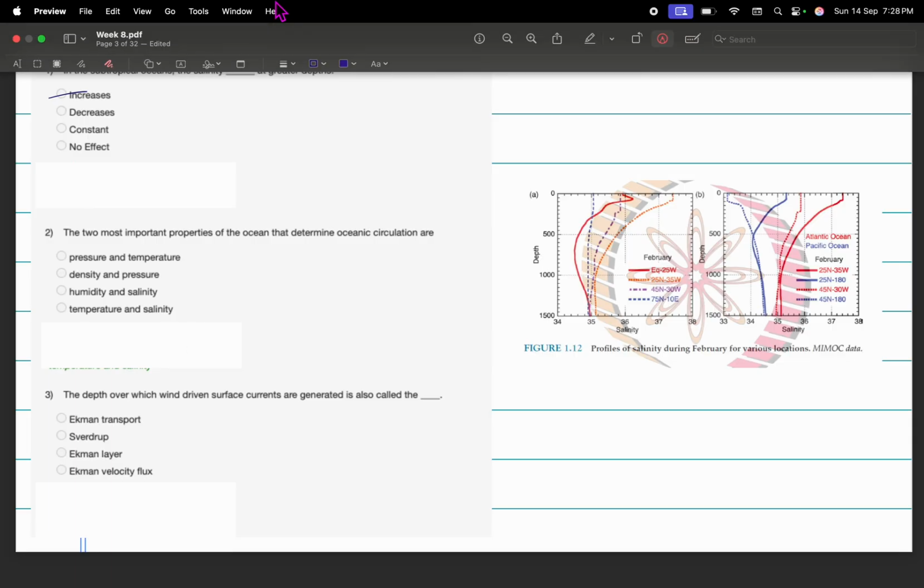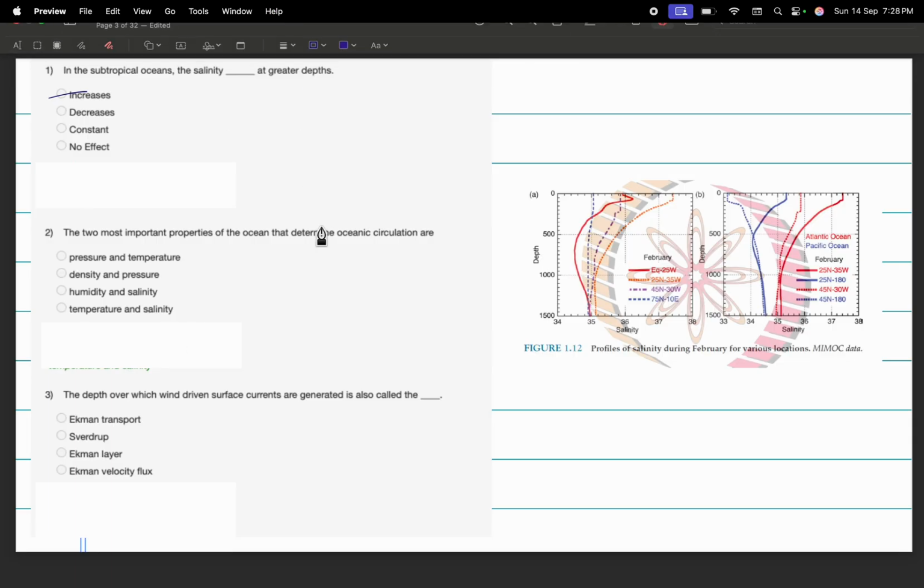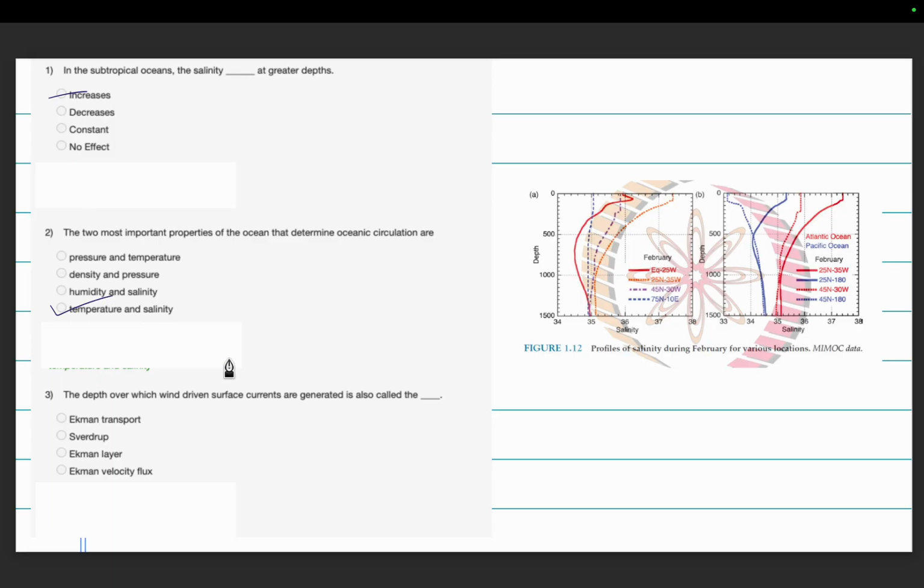The two most important properties are temperature and salinity. Yes, temperature and salinity. Question 3. The depth over which the wind driven surface currents are generated is also called what? Ekman transport, Sverdrup, Ekman layer, and Ekman velocity flux.